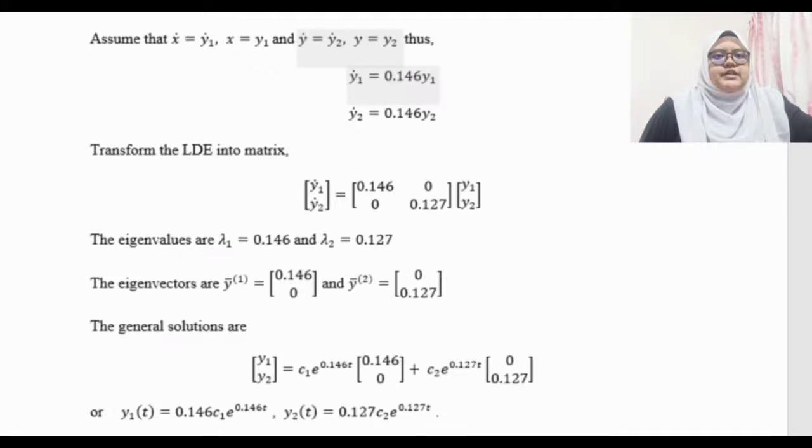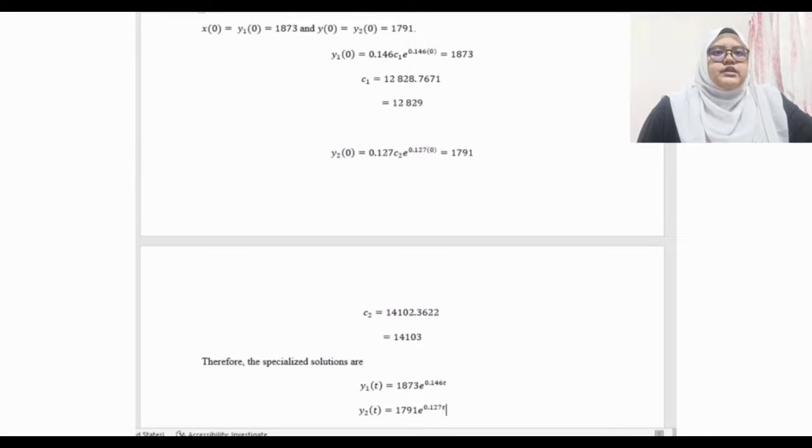After some assumption and changes, we get the linear differential equations in terms of y1 and y2 and transform them into the matrix form. We get the eigenvalues and also the eigenvectors, which provide us with two general solutions for this system. Next, by substituting the initial values that we get from the data, we get the values of C1 and also C2.